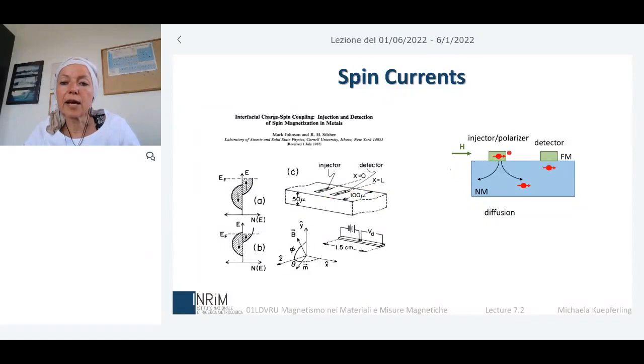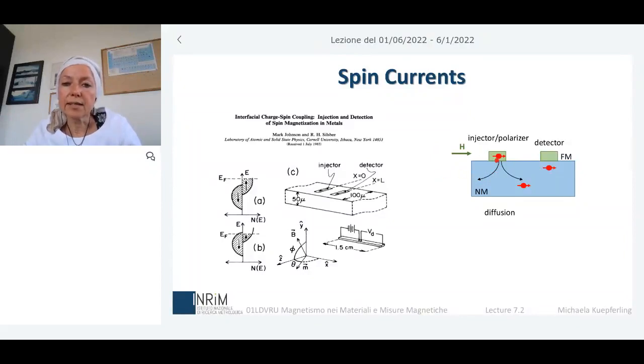Again, in these ferromagnetic layers, if they are magnetized in a certain direction, then any current that we apply to the injector, for example, will pass through the injector into the paramagnetic material, and this current will be spin polarized again by this ferromagnetic stripe. However, the spin polarized current will go in the direction of where we applied, of course, our voltage.